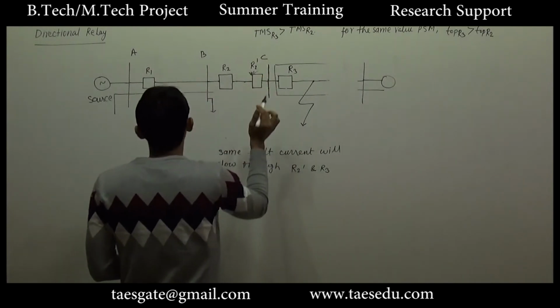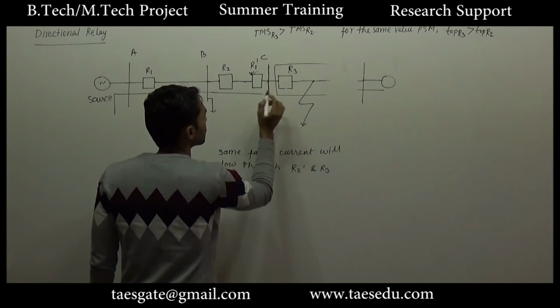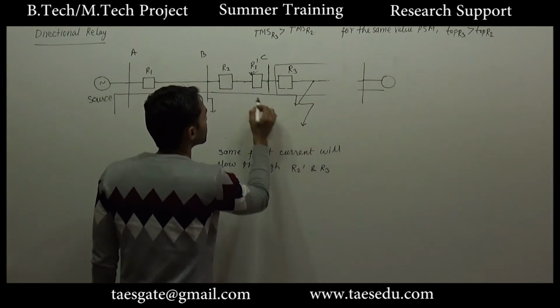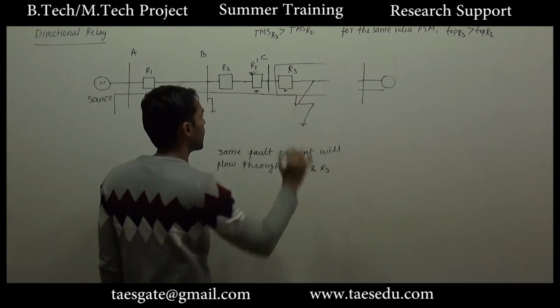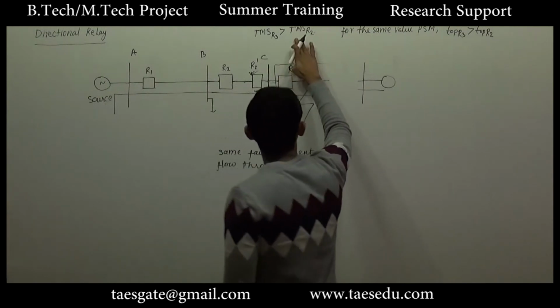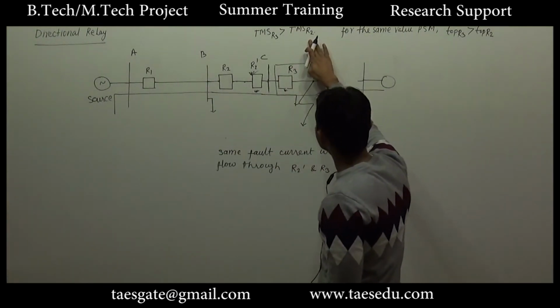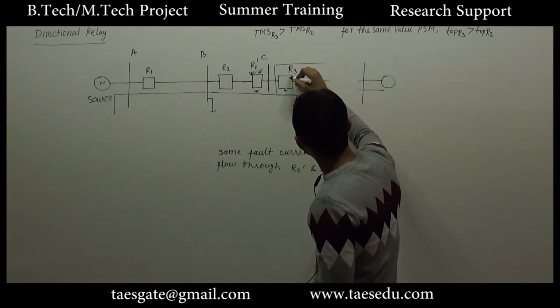Now for the fault current which will be flowing from source 1, again the same full fault current will be flowing through R2 dash and R3. Since the time multiplier setting of R2 is less than R3, this relay will operate prior to R3.